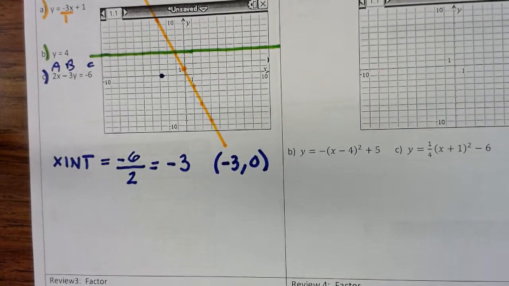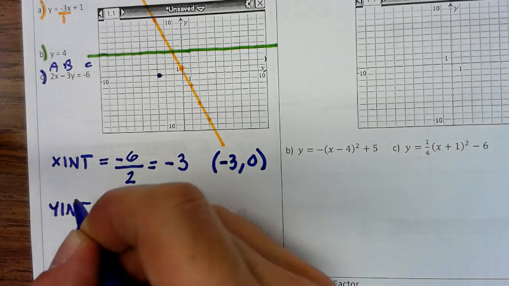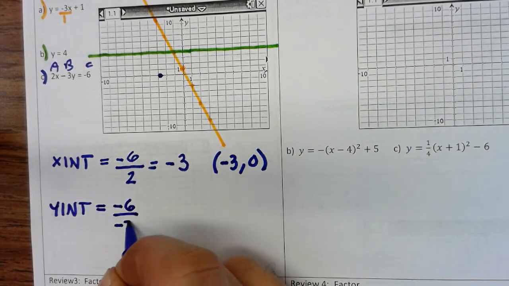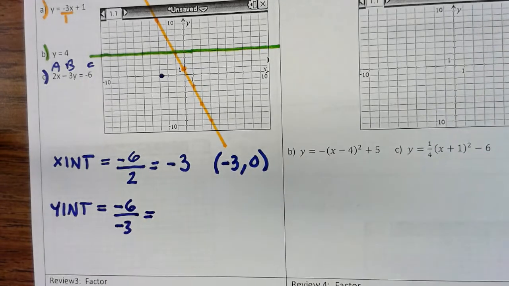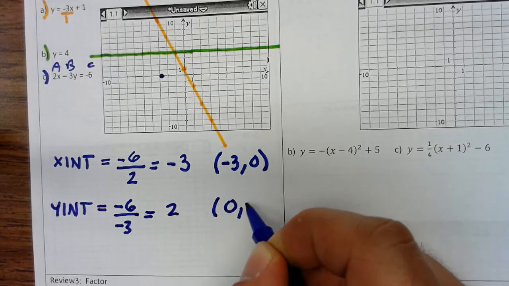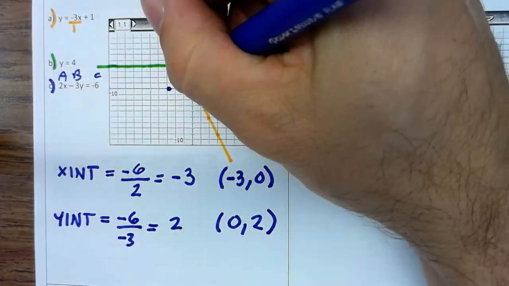Okay. Now for the y-intercept, we know it's equal to negative 6 divided by negative 3, which is equal to 2. So we know our y-intercept is 0, comma 2. So 1, 2.